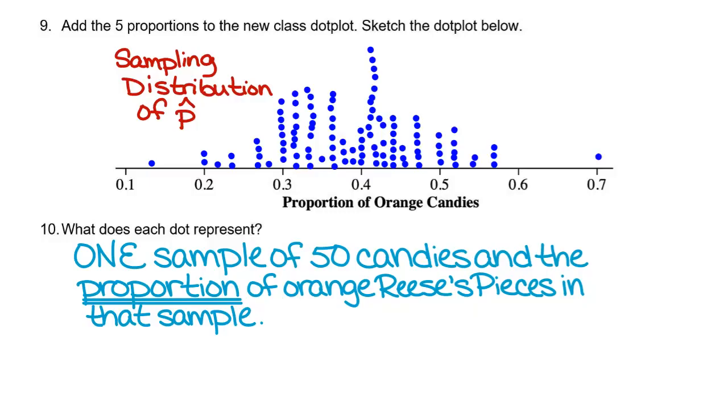You guys okay if I go to the next screen? Is anybody still working on the sampling distribution?